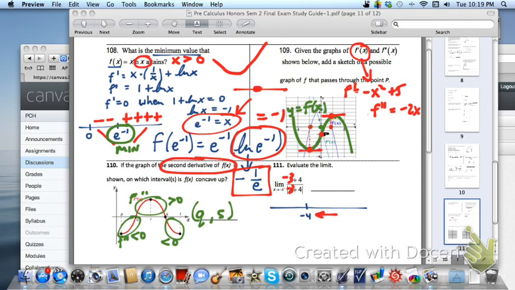In other words, the graph to the right of -4 just looks like that. And anyway, the limit then is equal to 1.